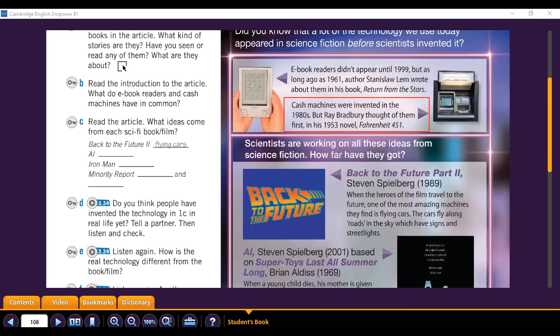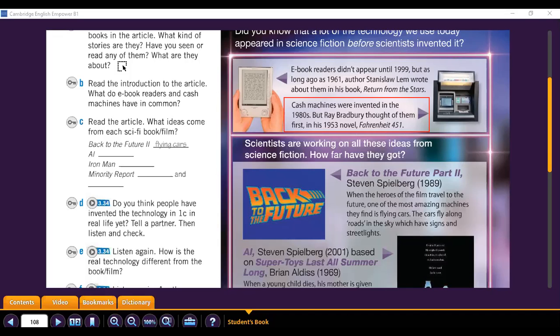Four hundred, se me olvida cómo se dice 400. Cientos, 100. 451. Exactly. So cash machines were invented in the 1980s, but Ray Bradbury thought of them first in his 1953 novel Fahrenheit 451. ¿Sí?